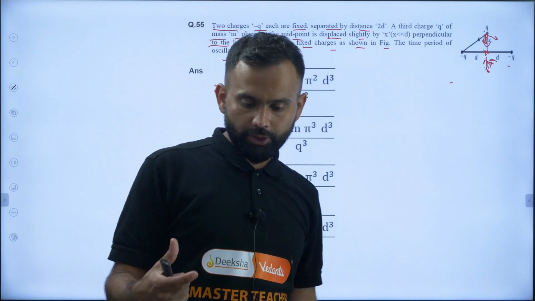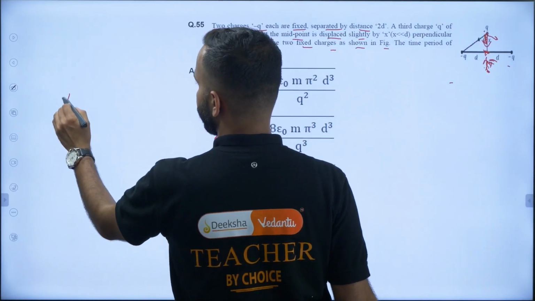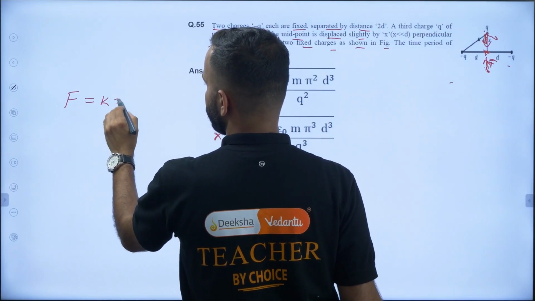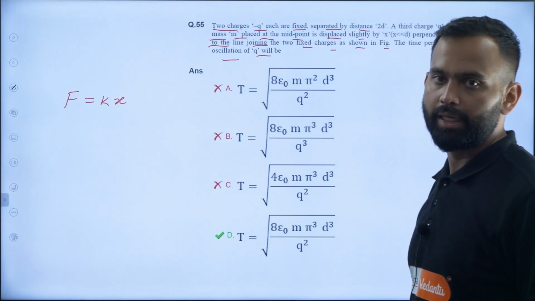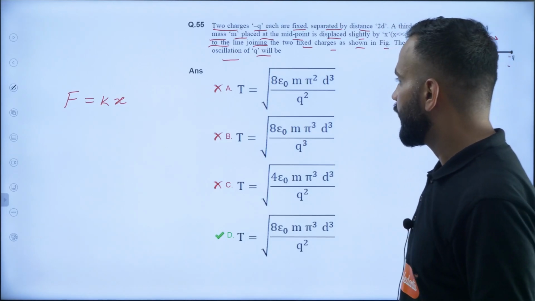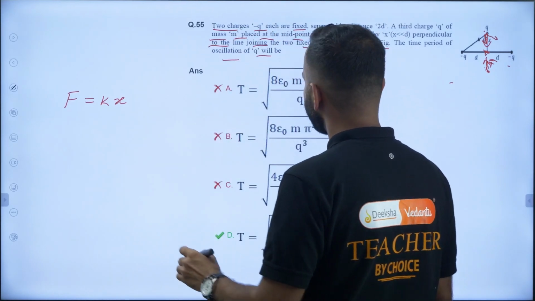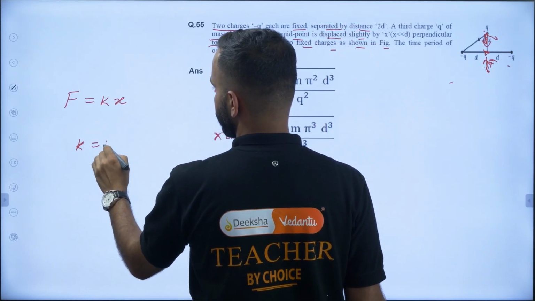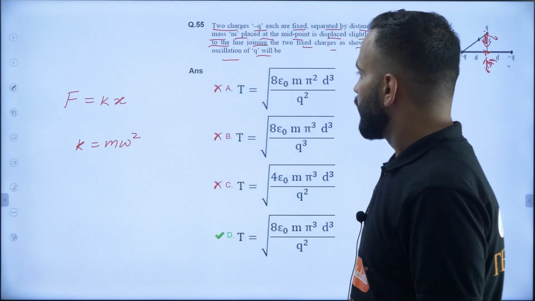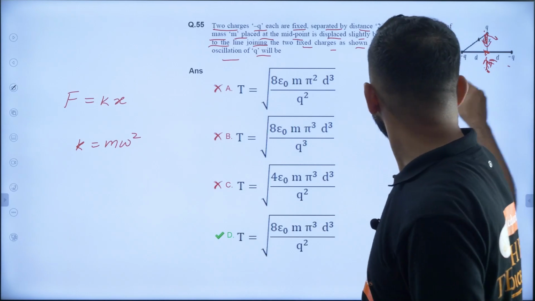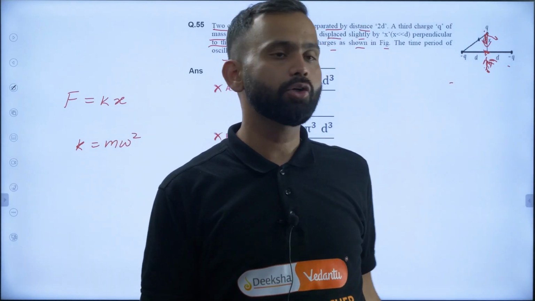So what is the condition for simple harmonic motion? F equal to k into x, where k is m into omega square. Here F is the restoring force. Who is providing the restoring force? Definitely the electrostatic force.